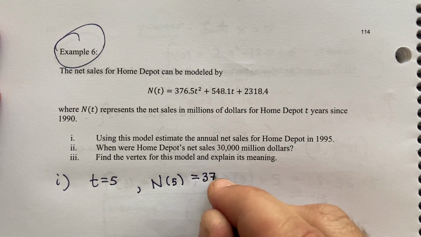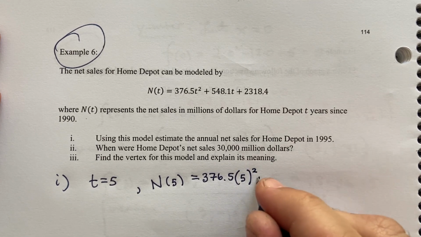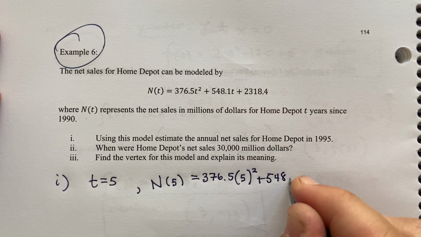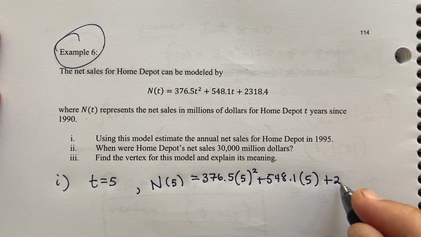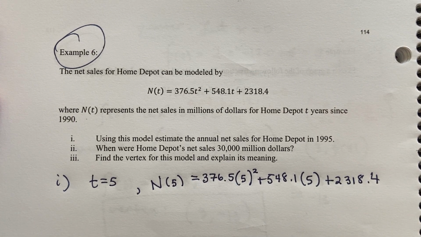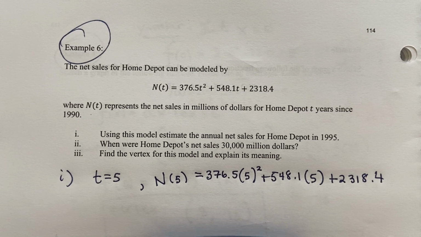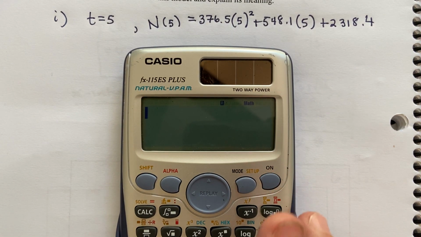So 376.5 times 5 squared plus 548.1 times 5 plus 2,318.4. So I'll type this in here.